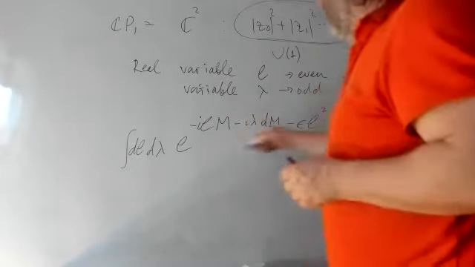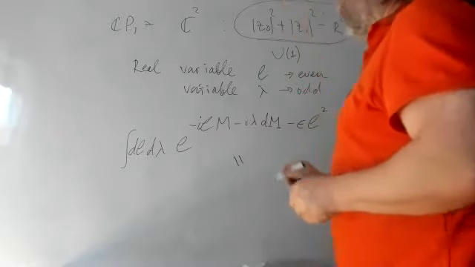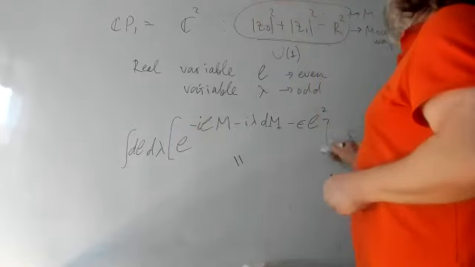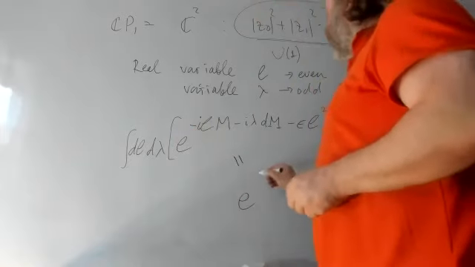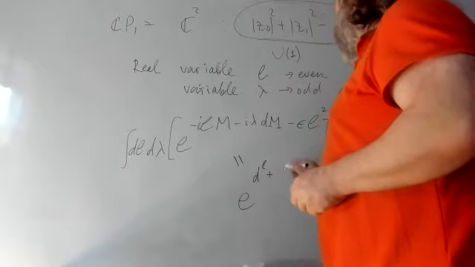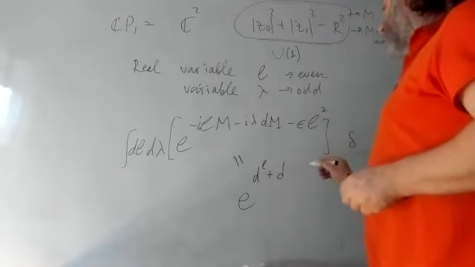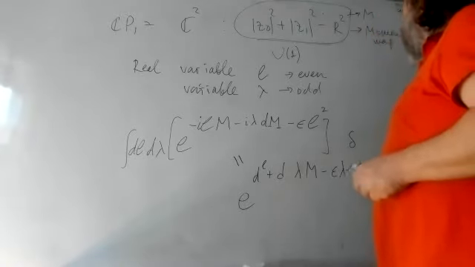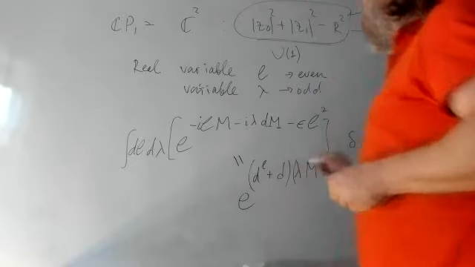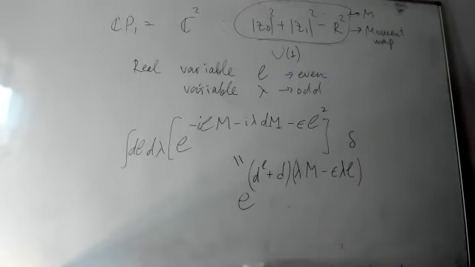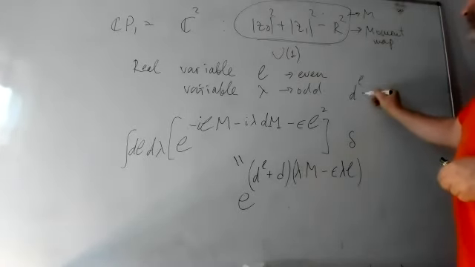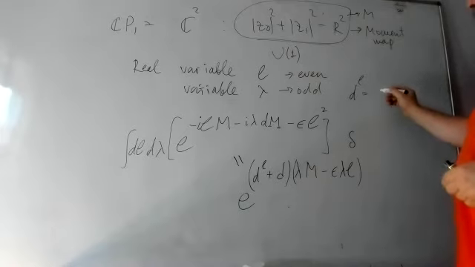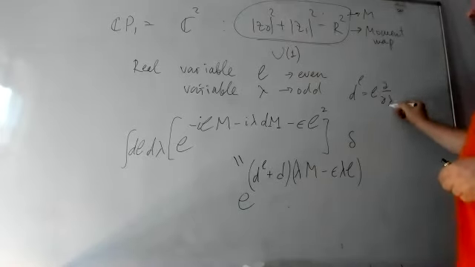So this object is of course e to the power of dL plus d, and here I put lambda m minus epsilon lambda L. But I know that this object, d over dL, is of course L d over d lambda.